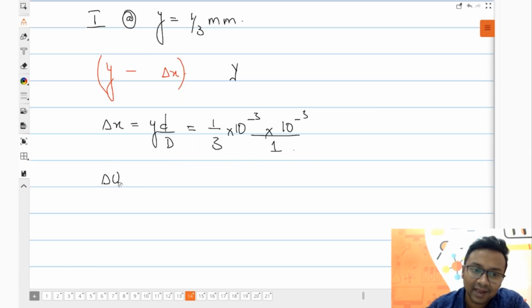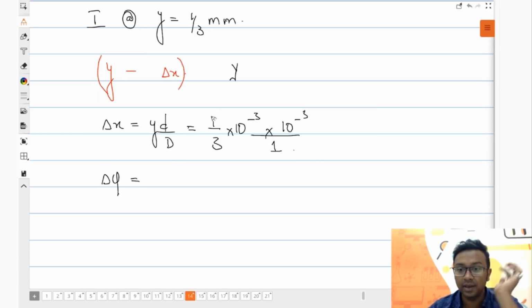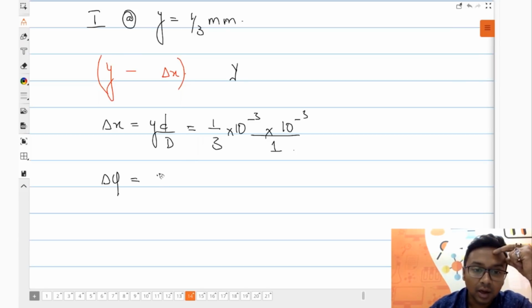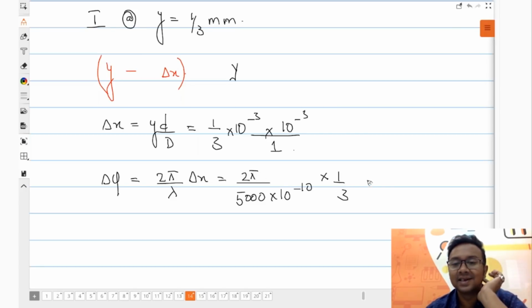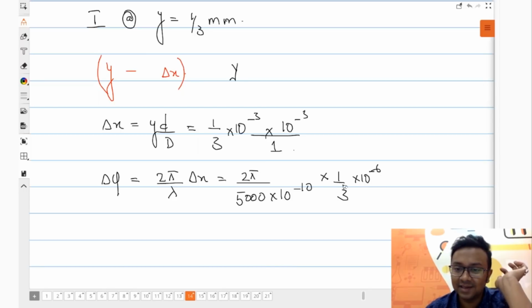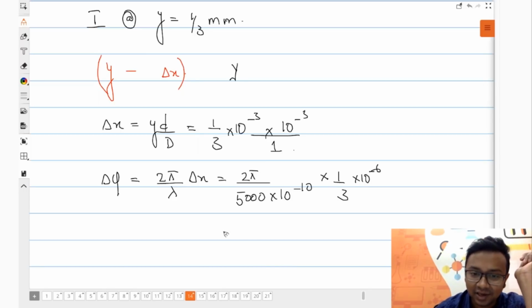And delta phi corresponding to it is 2 pi by lambda into delta x. So that is 2 pi divided by 5000 into 10 to the power minus 10, into 1 by 3, that is my delta x, into 10 to the power minus 6. Clear, students? If you solve this, you will get the answer 4 pi by 3 radians.